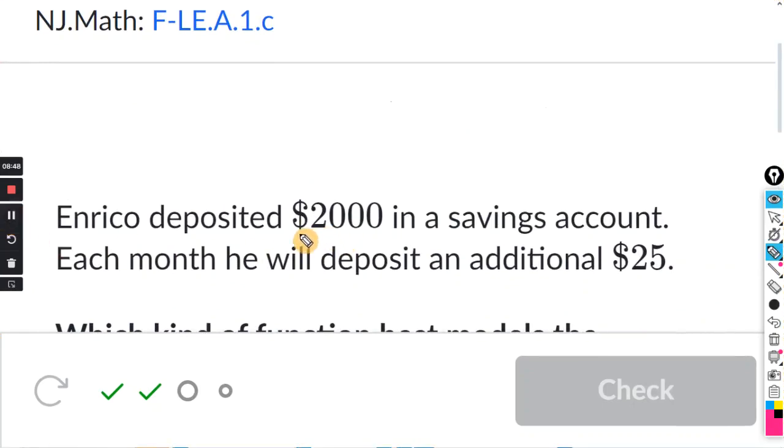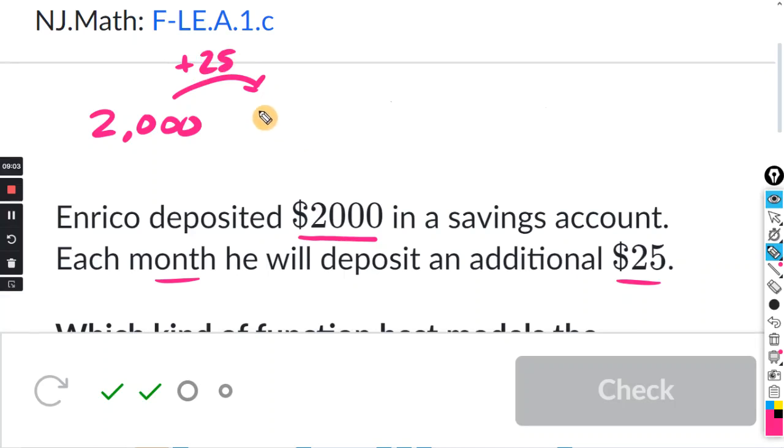So we started with 2,000. And then each month he added 25. So he started with 2,000, and then he did plus 25. You don't need to get the actual number. You just need to know that he did plus 25 each month.